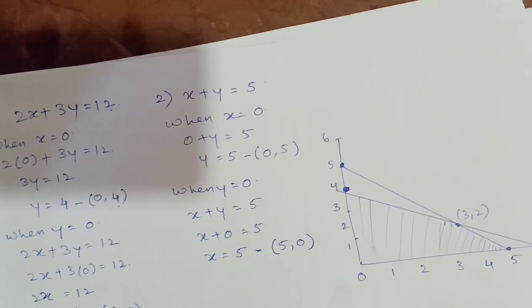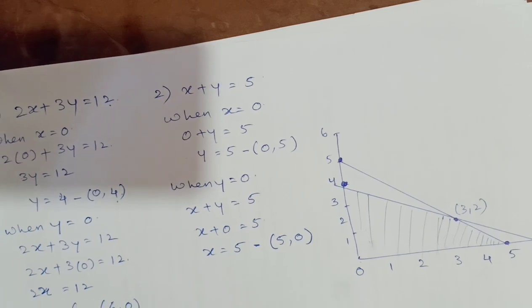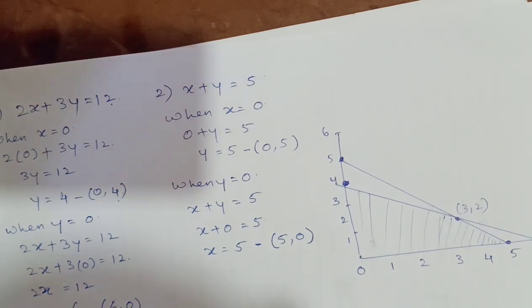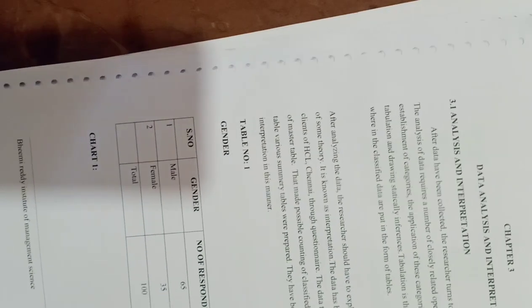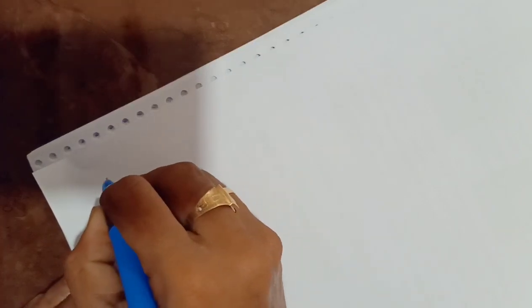We can even calculate the intersection point manually. Let me show you how. For the intersection of the two lines, we need to solve the first and second constraints. The first constraint is 2x plus 3y equals 12.